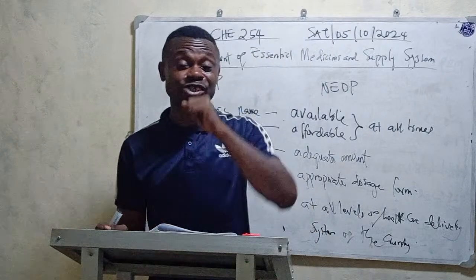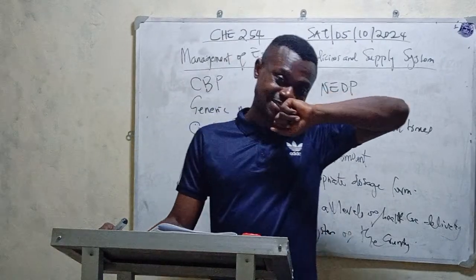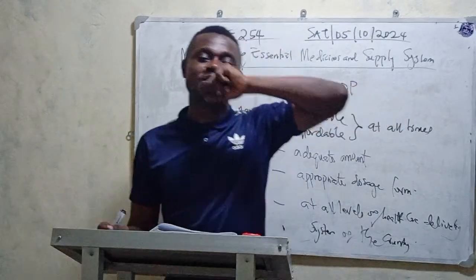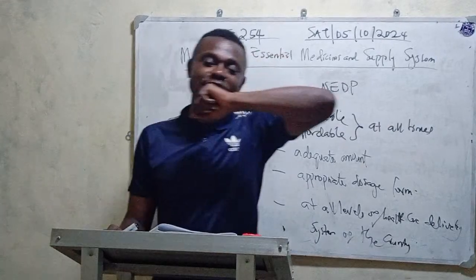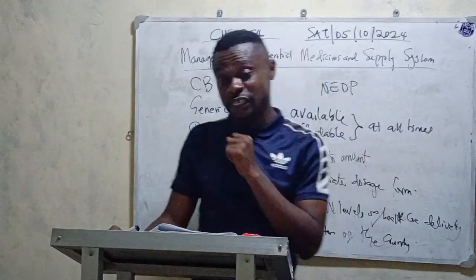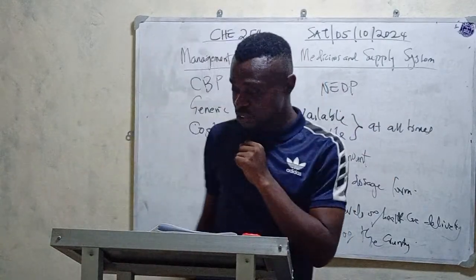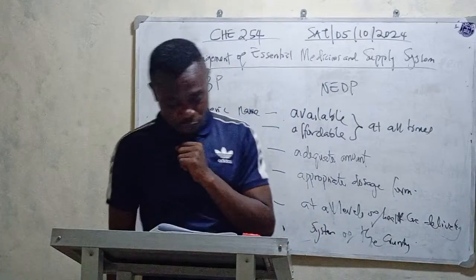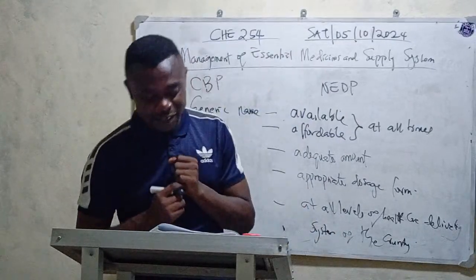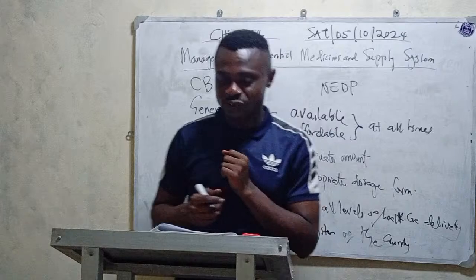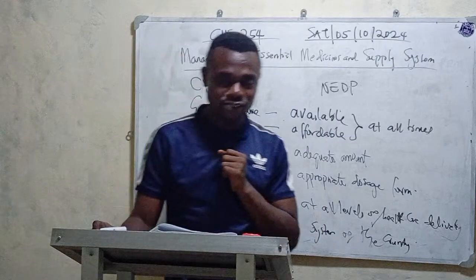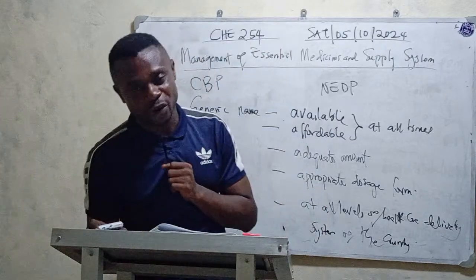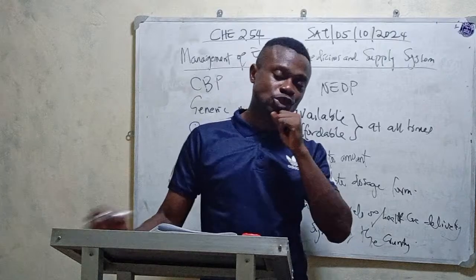That's why we have rational use of medicine. So this NEDP ensures what? Rational use of medicine: rational drug selection, rational calculation, rational drug procurement, and rational use of medicine.